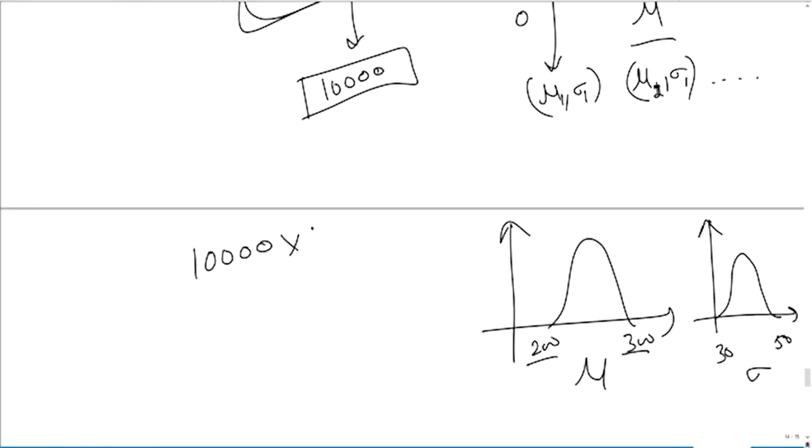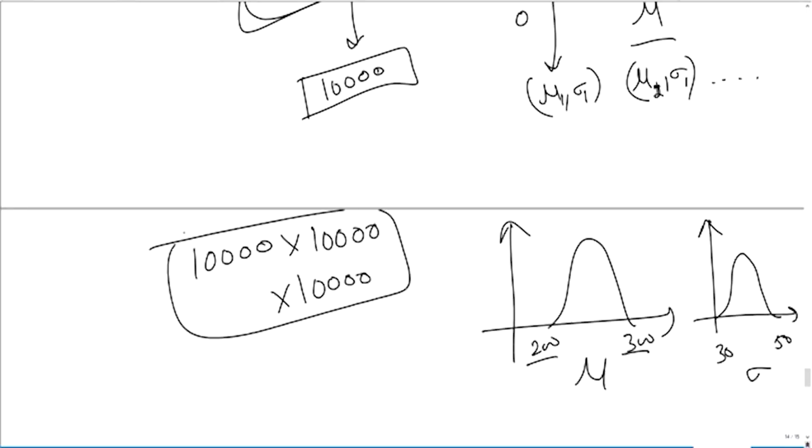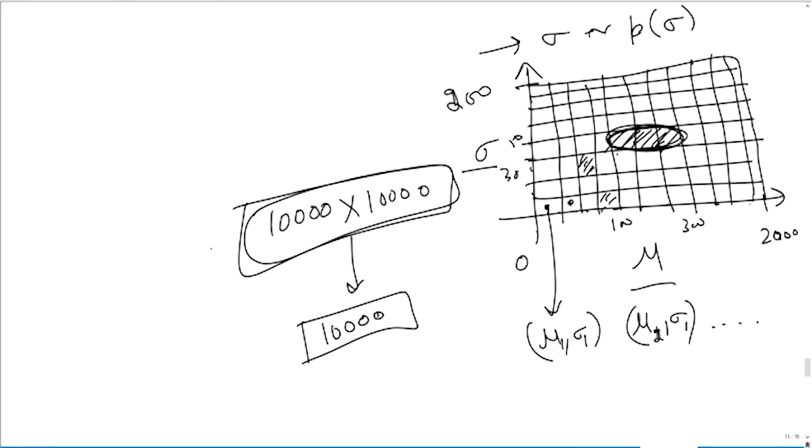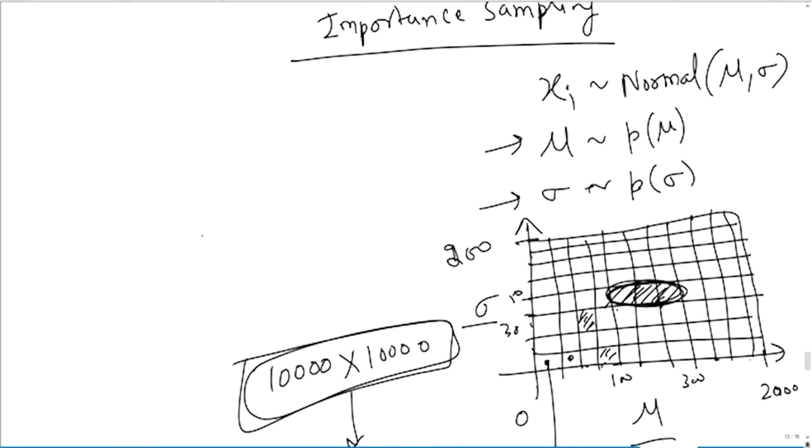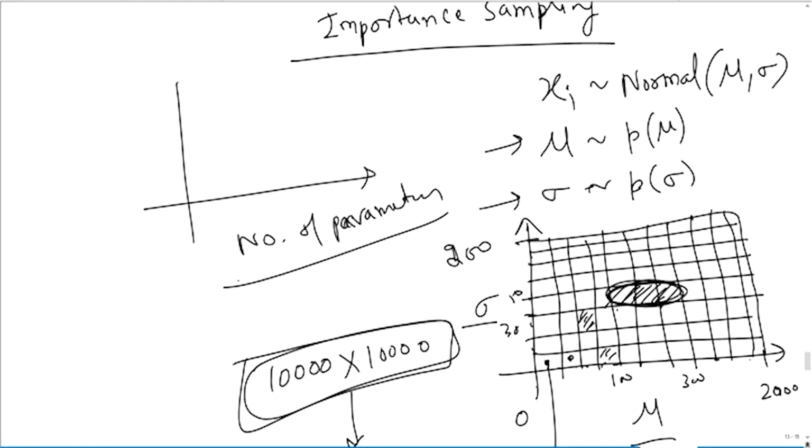So right now it was 10,000. If you have 2 parameters, it will be 10,000 by 10,000. If you have 3 parameters, this many proposals will be generated, and only a very small fraction of them will have non-zero posterior density. So this is a huge wastage. What happens because of this is this empirical result: as the number of parameters increases, your rejection rate increases exponentially.